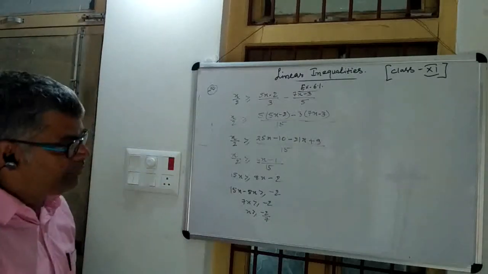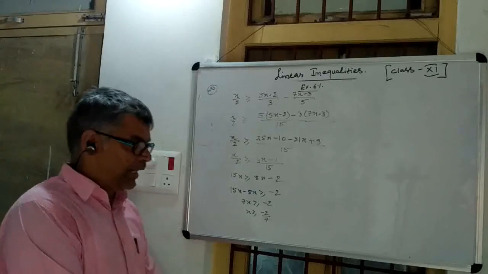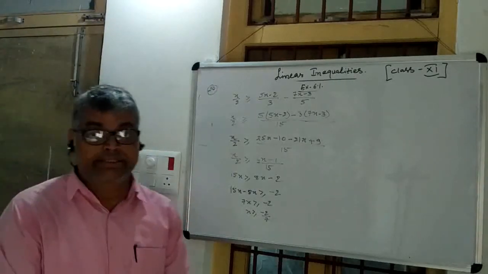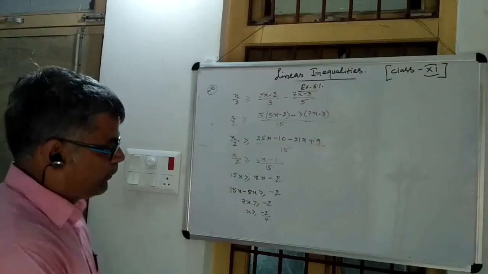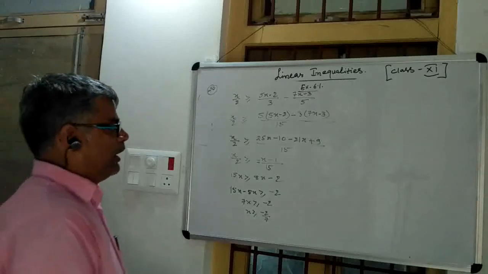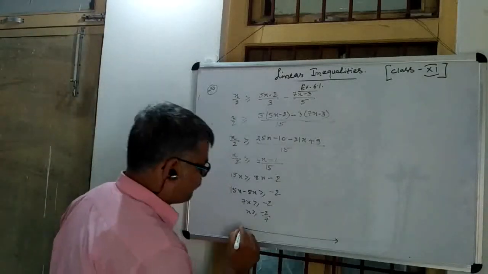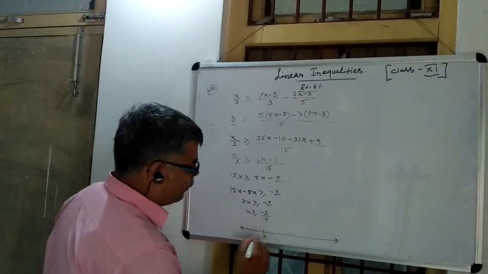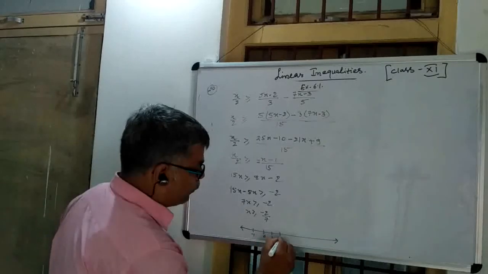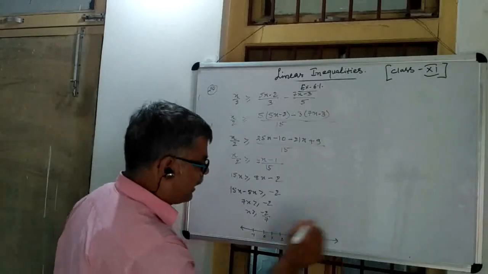This number is a fraction, and now you have to represent it on the number line. Minus 2 by 7 is greater than minus 1 and less than 0. It means you draw a number line with 0, minus 1, 1, 2, 3, 4, 5, 6 and so on.